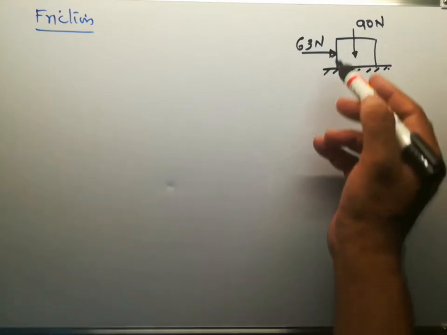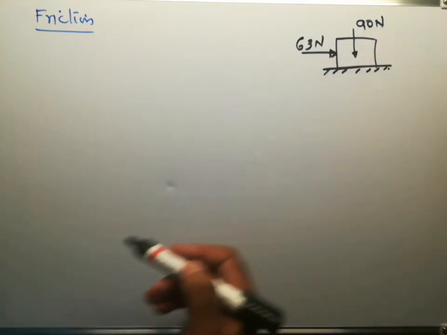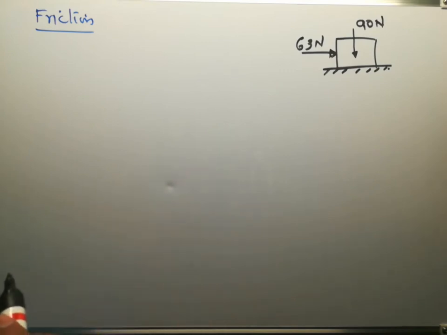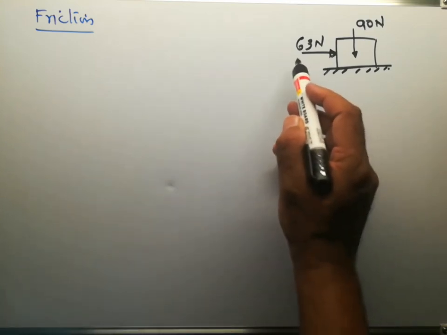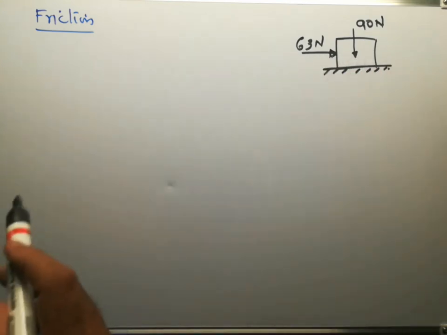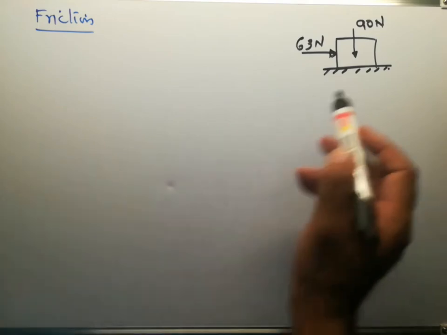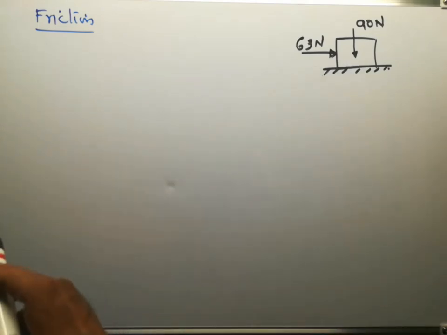So this is the case: a block of weight 90 Newton is placed over a rough horizontal plane on which we are applying a force of 63 Newton in the horizontal direction towards the right. We need to find the coefficient of friction.